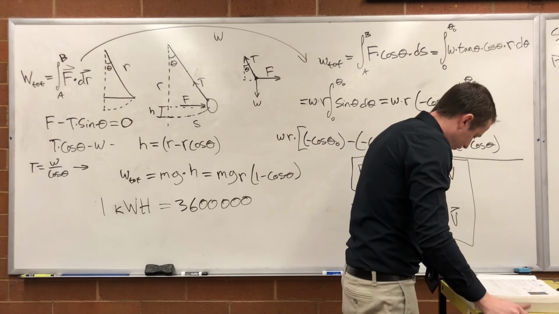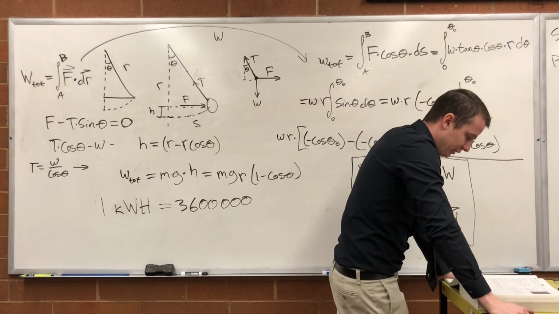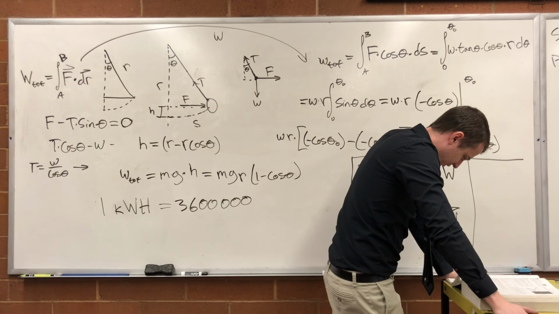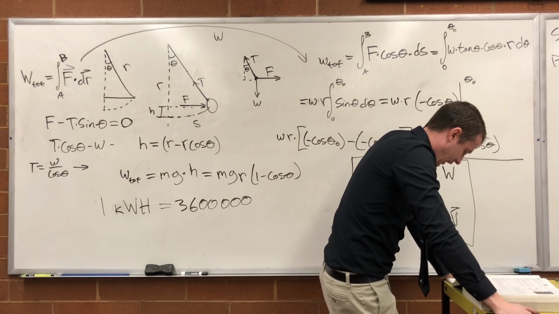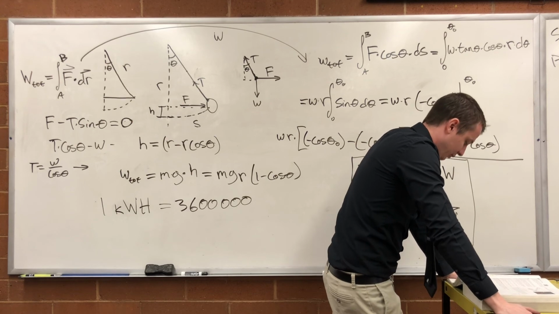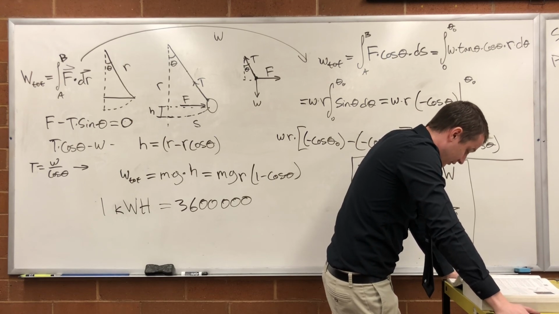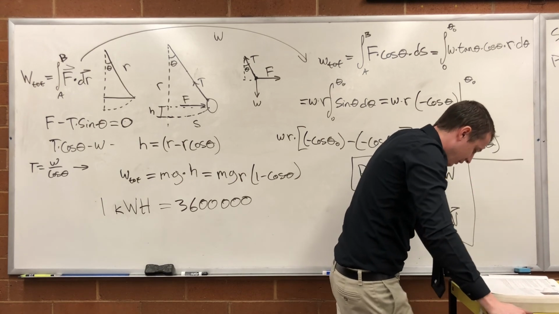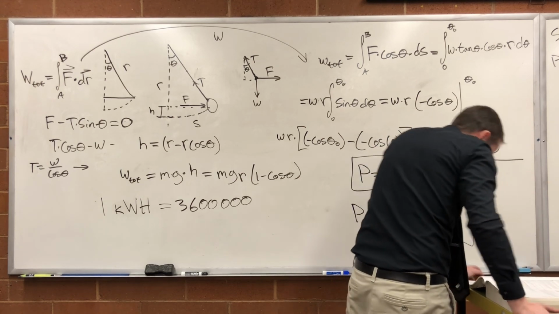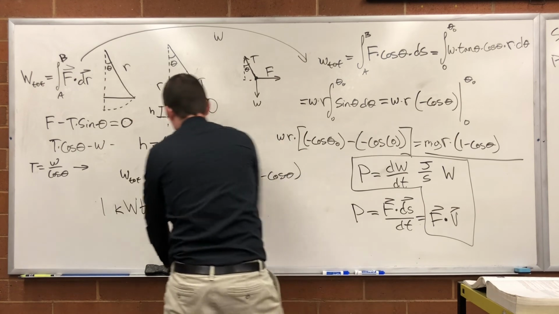Alright, so let's do a simple calculation, or a couple examples with power, and then we're done. Each of 4 jet engines on an airplane, A380 airplane, whatever. So each of the 4 engines develops a forward thrust of 322,000 newtons.